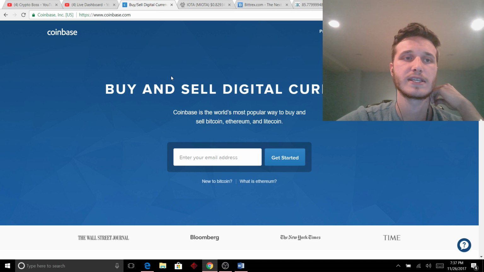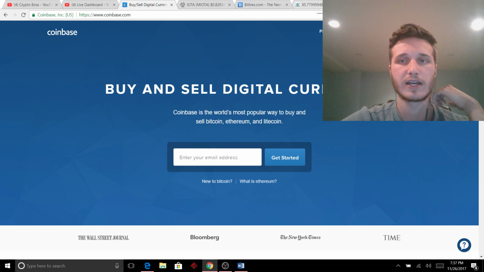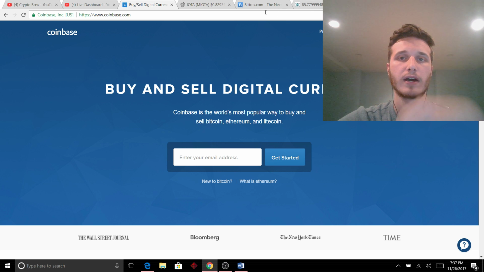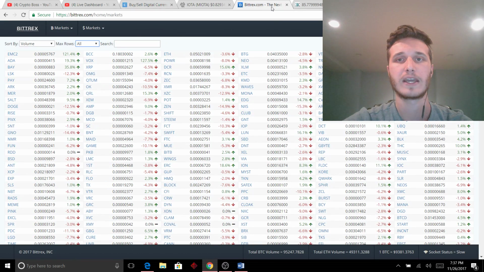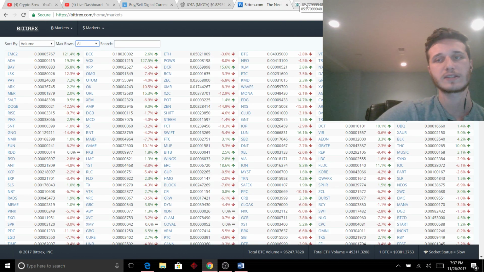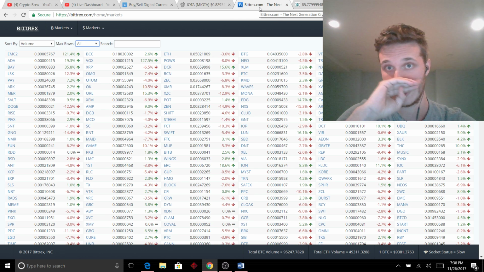So you only use this site to buy the Bitcoin in the first place, and you can buy it with a credit card or just directly from a bank account. And then you would transfer it to Bittrex, Poloniex, or Binance. You can make an account on all 3 if you want. It doesn't cost anything to make an account, and you don't have to put money in the account.